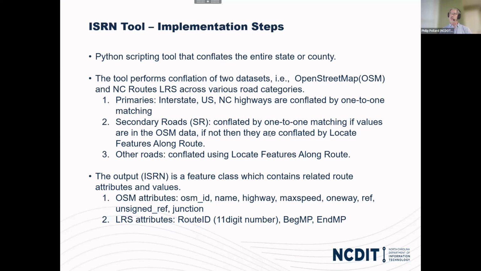So the output is the ISRN is a feature class which contains related route attributes and values. So we're using the OSM ID, the name, which is the name of the road, the highway, which is the category, the max speed, the speed limits, one way, the reference or ref, and unsigned ref, and junction, which we're using right now. So then the LRS attributes we're conflating with the route ID, which is an 11-digit number, and then the beginning and ending mile point.